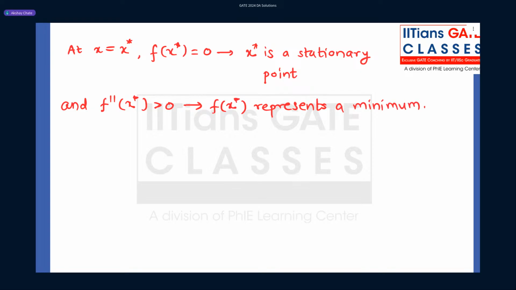I hope this is clear, because you must have studied that whenever the second derivative is greater than 0, that represents a minimum, and wherever the second derivative is less than 0, that represents a maximum. But now the question is whether it's a global minimum or local minimum.